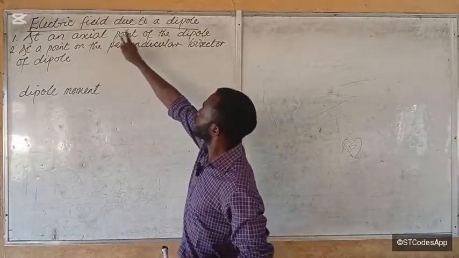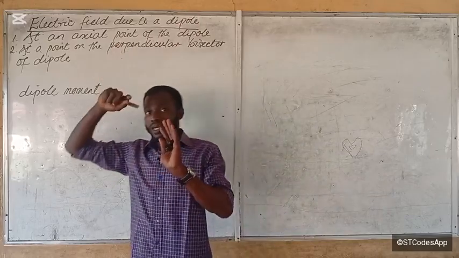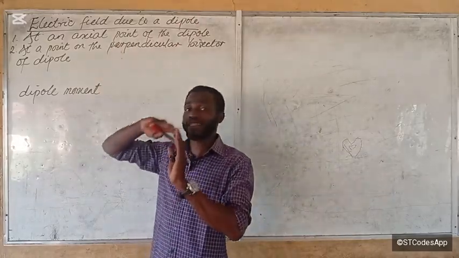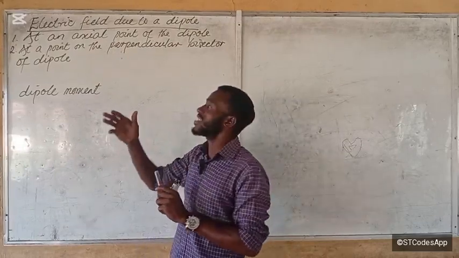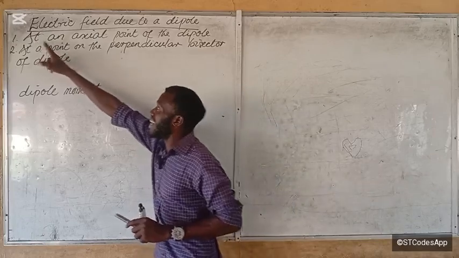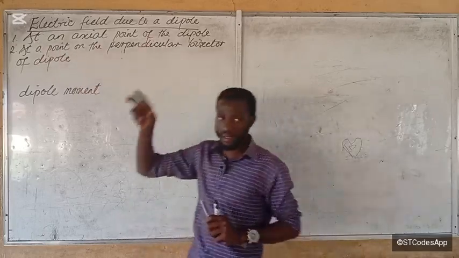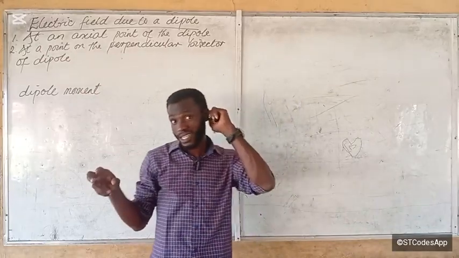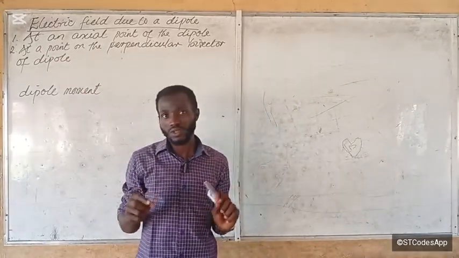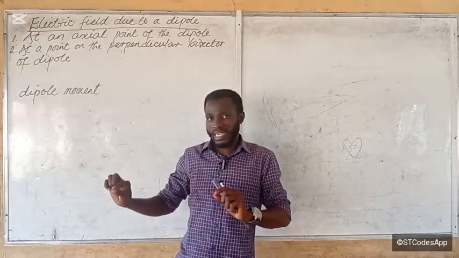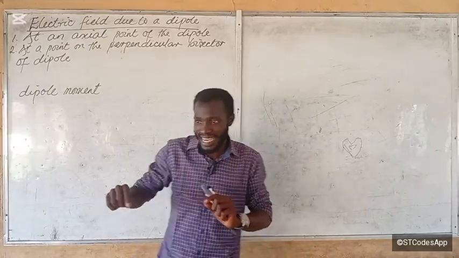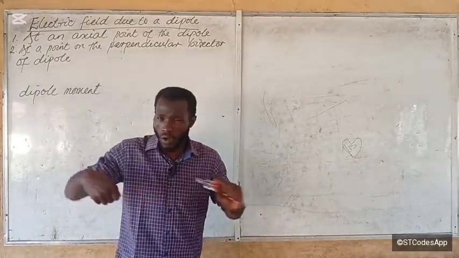All right. So let's go into the mathematics. Electric field due to a dipole. We are going to be examining two phenomena, rather, where we have at an axial point of the dipole. So we may want to examine the electric field due to a dipole at a point that is at an axial point on the dipole.